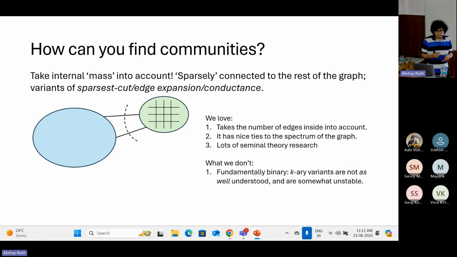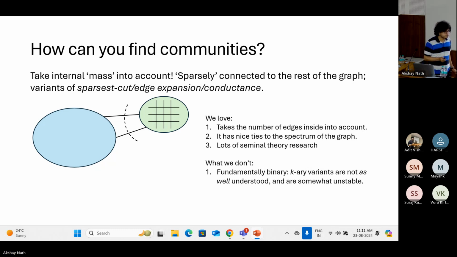that it is fundamentally a binary procedure. It is somewhat understood when you have a finite number of k blocks, but to the best of my knowledge, there is not a lot of work on understanding it when you have, say, O(n) communities in your graph.